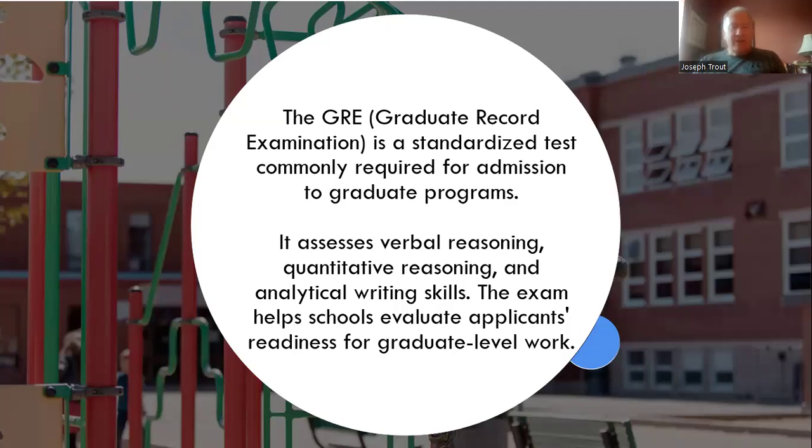So once again, this graduate record exam consists of two sections. One is the general part that just assesses verbal, quantitative reasoning, and analytical writing skills. And then the second part covers your major, such as physics.